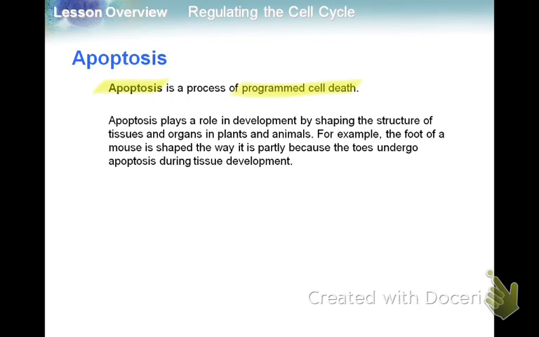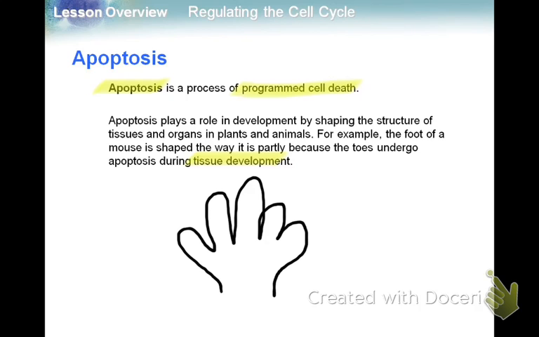What happens with apoptosis in embryonic development, tissue development, is shown in the hand with digits, or this says the foot of a mouse, and there's my artistic ability again.